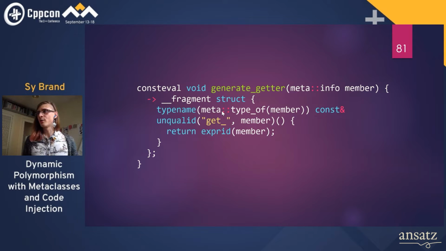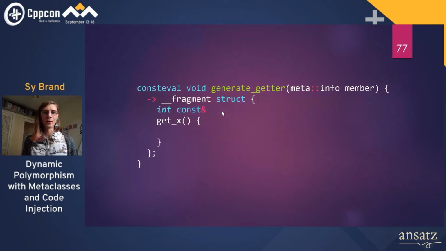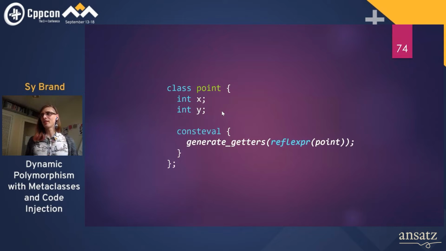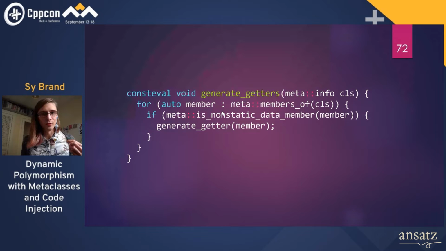Shafiq has a question. So when is a type considered complete? Can we reflect over the injected members? That's a very good question. So the type is considered complete after all of this has been executed at compile time. So for example, here we're iterating over all of the members, right?